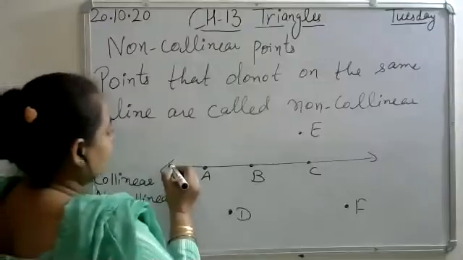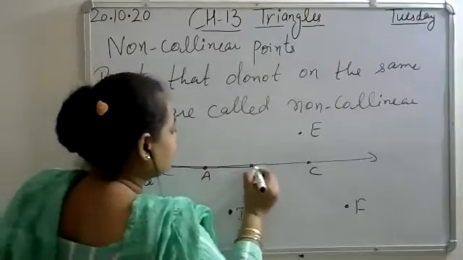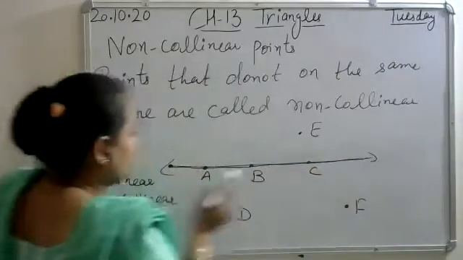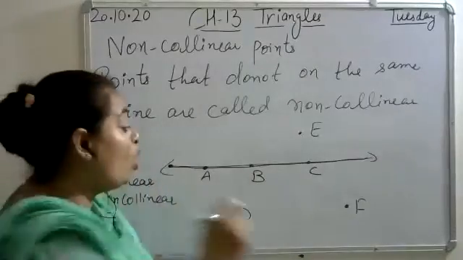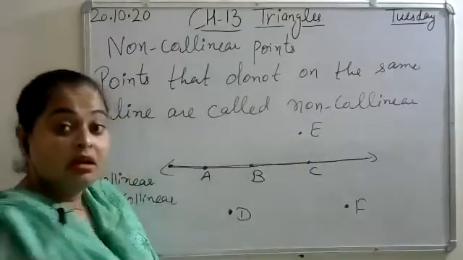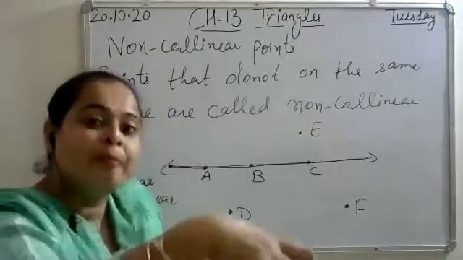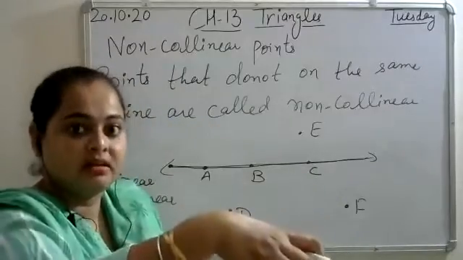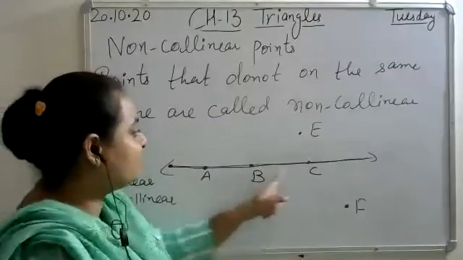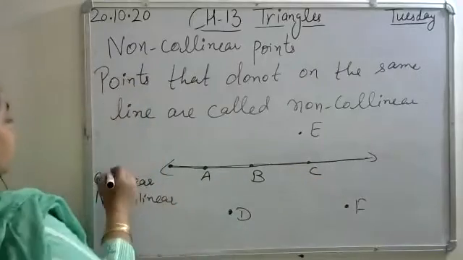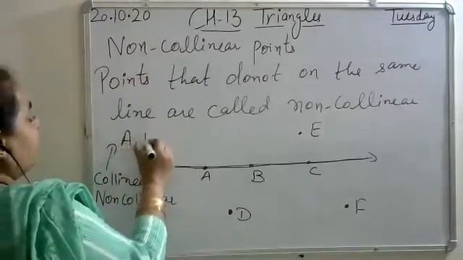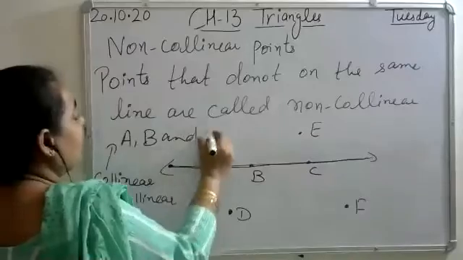Look, this is a line. A, B and C lie on this line. Lie means they are on the line. So A, B, C lie on the given line. It means A, B and C are collinear.